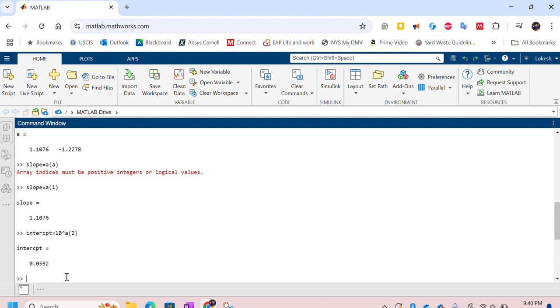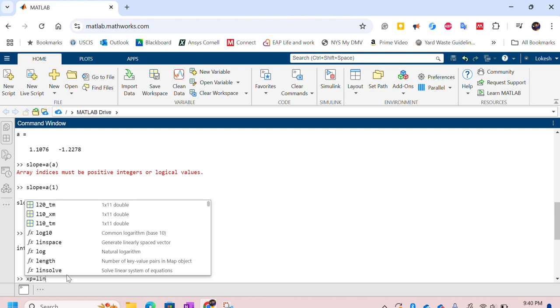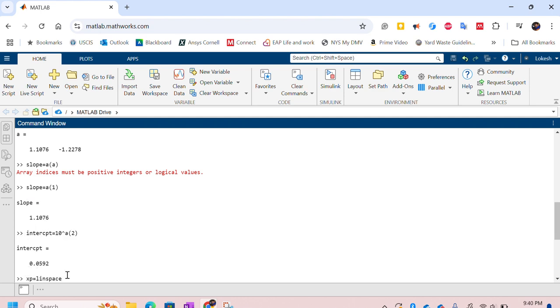So to be able to make a model, I'm going to need some x values. So I'm just going to say xp is equal to, give me some x values as linspace between, I would say, 100 to 50,000. Give me 100 values.